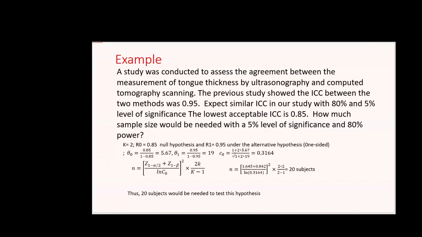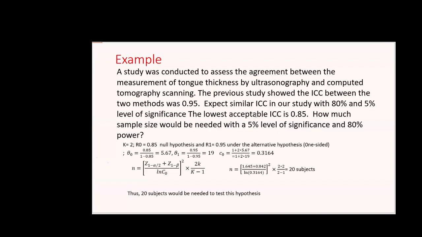You have to remember that we are going for this as one-sided, not two-sided, because we want to find out whether our ICC is greater than 0.85 or not. That is the lowest acceptable value, so we are not going for the reverse direction.